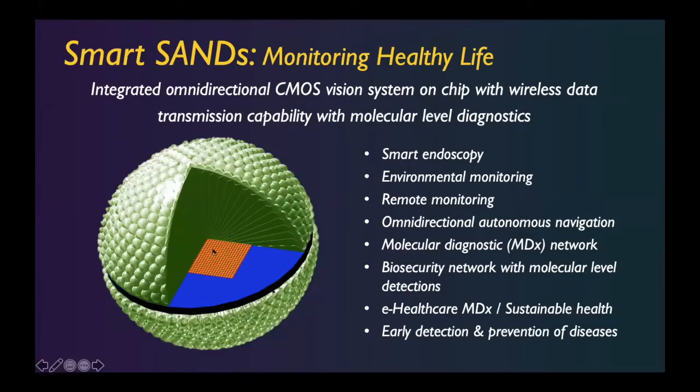But here, this is one example: a smart sand using these insect eyes. You can think about how to collect information as a smart endoscopy or environmental monitoring or remote monitoring and so on, so that you can think about a biosecurity network, a molecular-level sensing network.